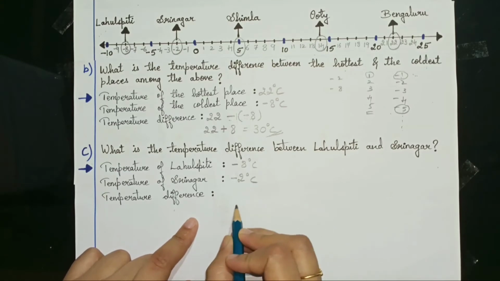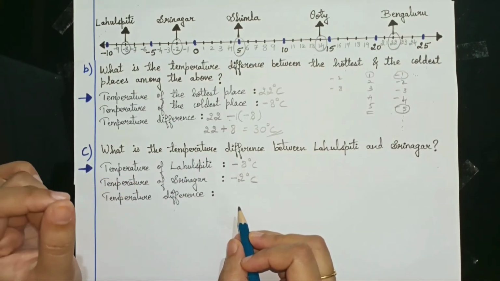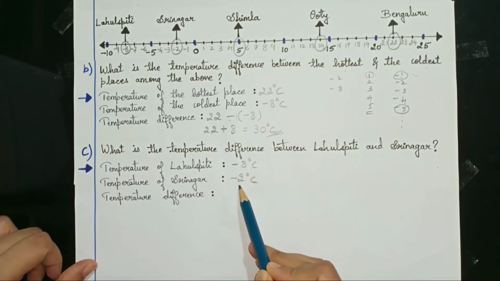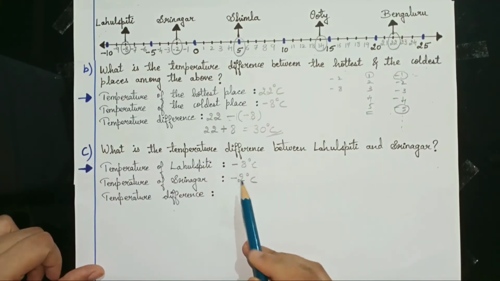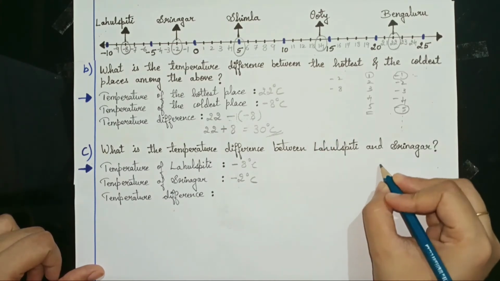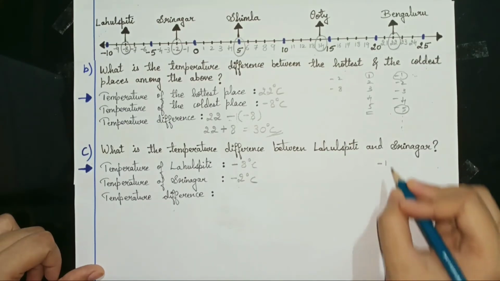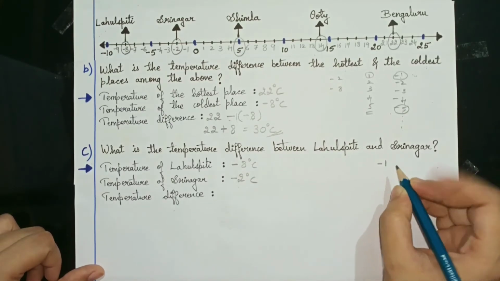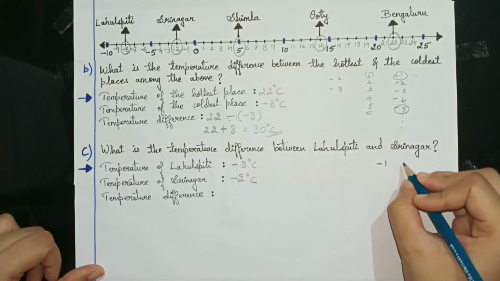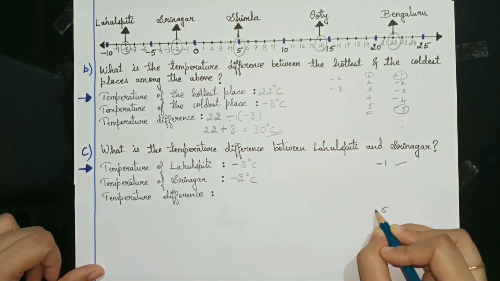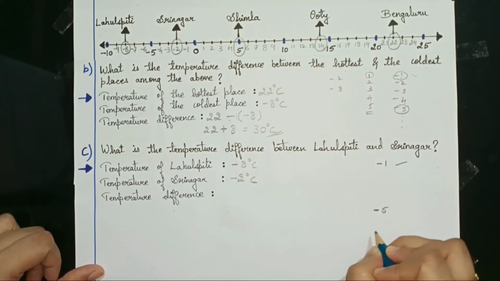So for doing subtraction, first you have to write the greater number. Okay, so which is the greater number here? -8 is greater or -2 is greater? I have shown you in question B also. Let me tell you once again. See, the smaller number with a negative sign will actually have a greater value, and a bigger number with a negative sign will have a smaller value.